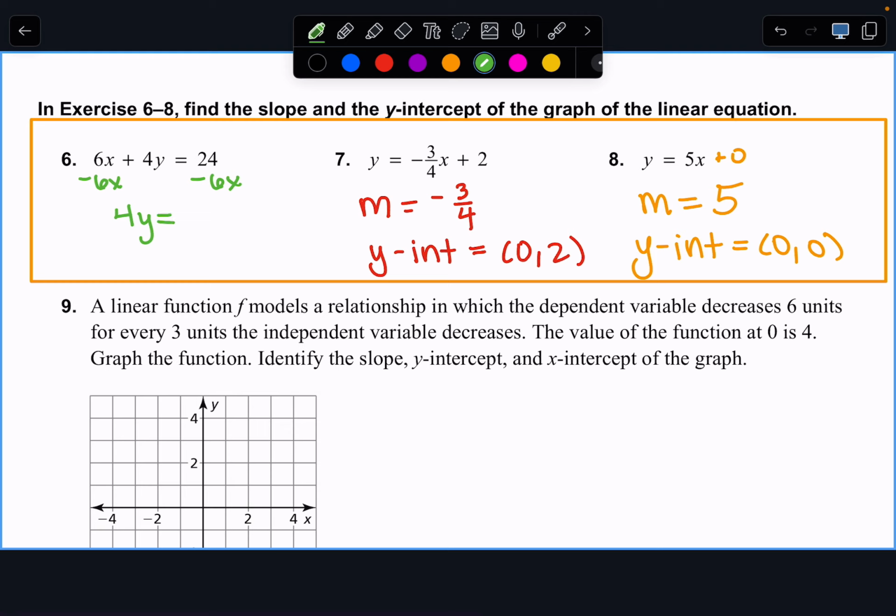Now, instead of 24 minus 6x, I am going to write minus 6x plus 24. That way I can see the mx plus b when I'm all done. Are you okay with why I did that?